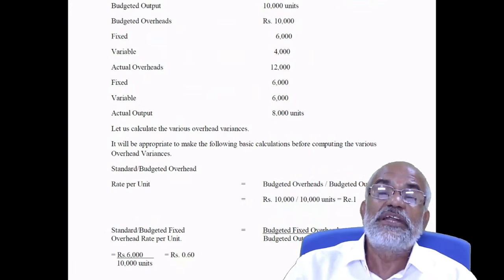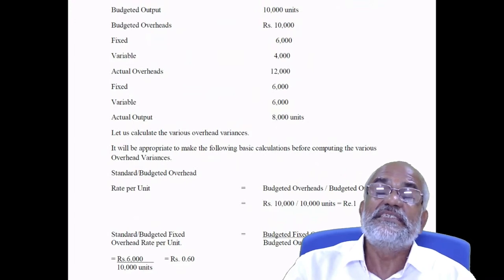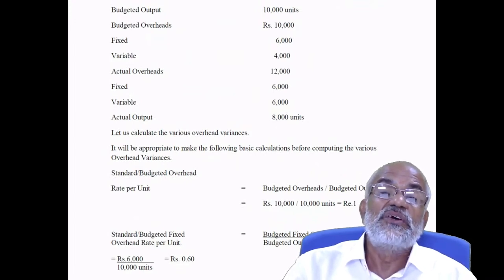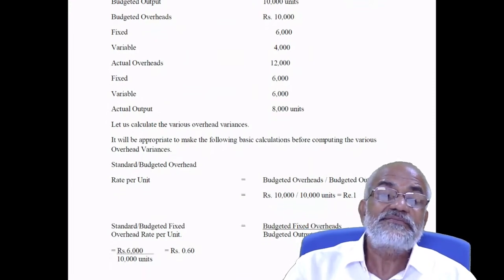Here the budgeted overheads are ₹10,000 and the budgeted output is 10,000 units, so the budgeted overhead rate per unit is obviously ₹1.